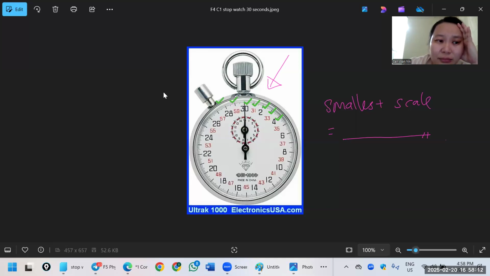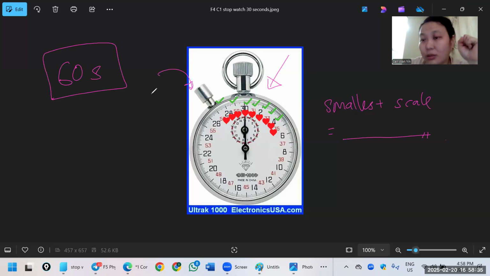Then the second round, you look at the red one. So this is 30, then 31, 32, 33, 34, 35, and so on, until 57, 58, 59, 60. So actually this stopwatch shows you 60 seconds, but in 2 rounds. That's why it looks confusing.